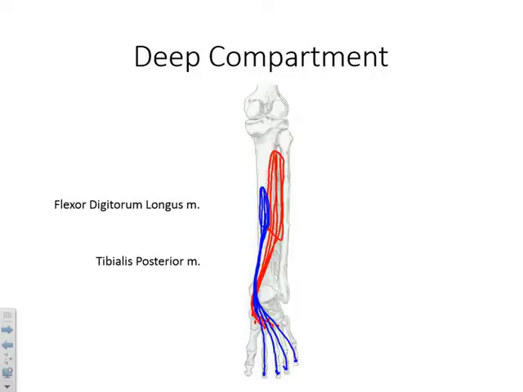Final muscle to be aware of is flexor hallucis longus. This comes off the posterior aspect of the fibula, lateral to tibialis posterior. And again, the name kind of says what this muscle is going to do. It will actually just attach to the distal phalanx related to the great toe.